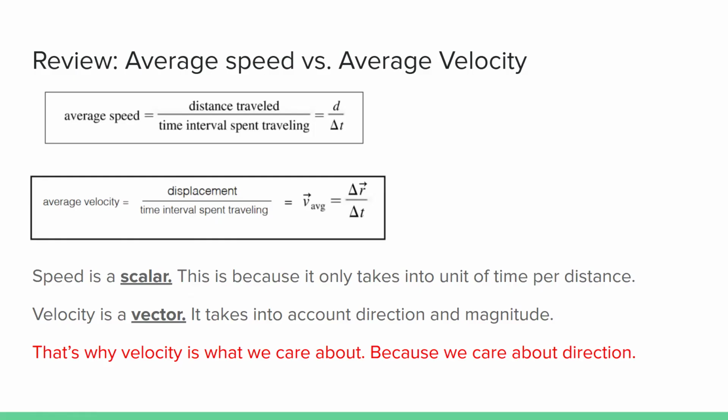So going back to that idea of if I start somewhere on a circular track in a park and I run around it, when I get back to where I started, well, my displacement is zero because I haven't gone anywhere. But the distance that I've run is not going to be zero. So that's the difference.